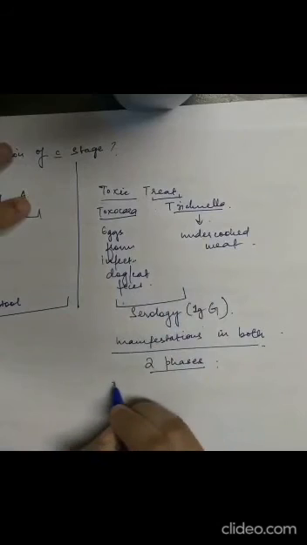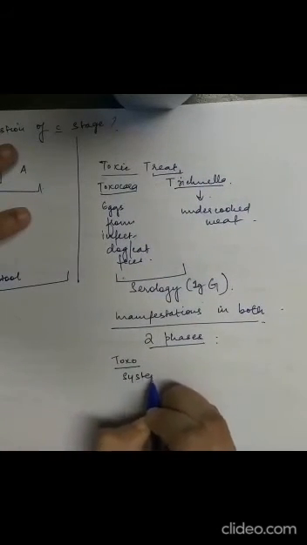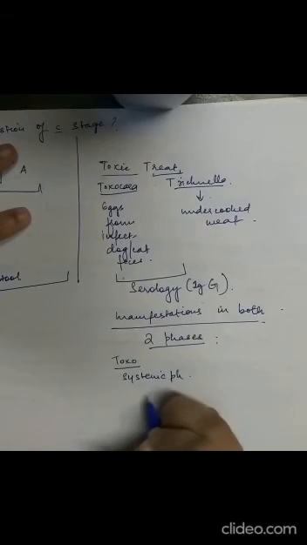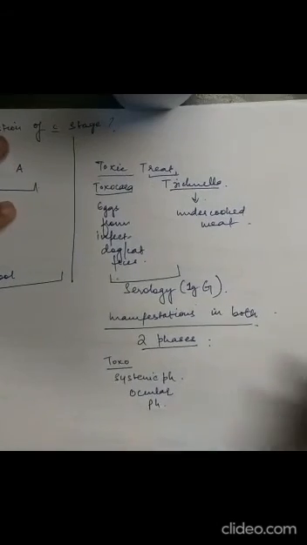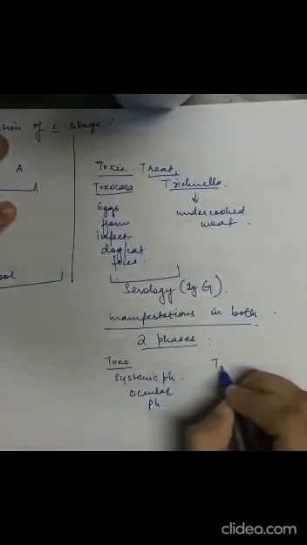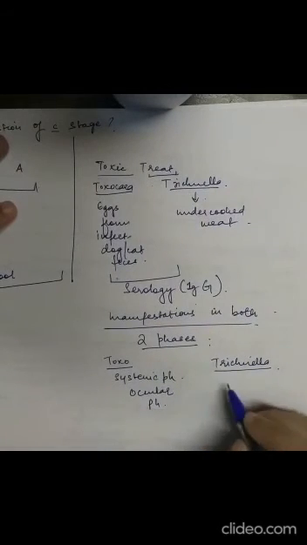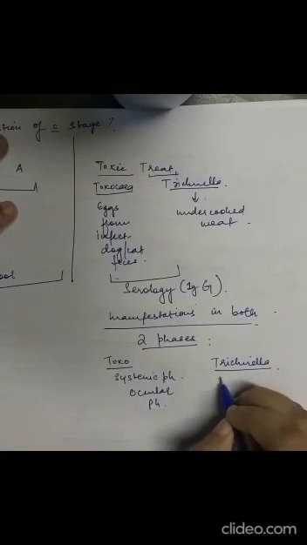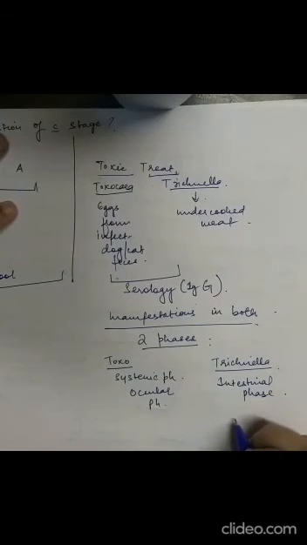For example, in Toxocara, there is this systemic phase and there is this ocular phase. Okay, and then in Trichinella, there is this intestinal phase and the other one is the muscle, myositis phase.